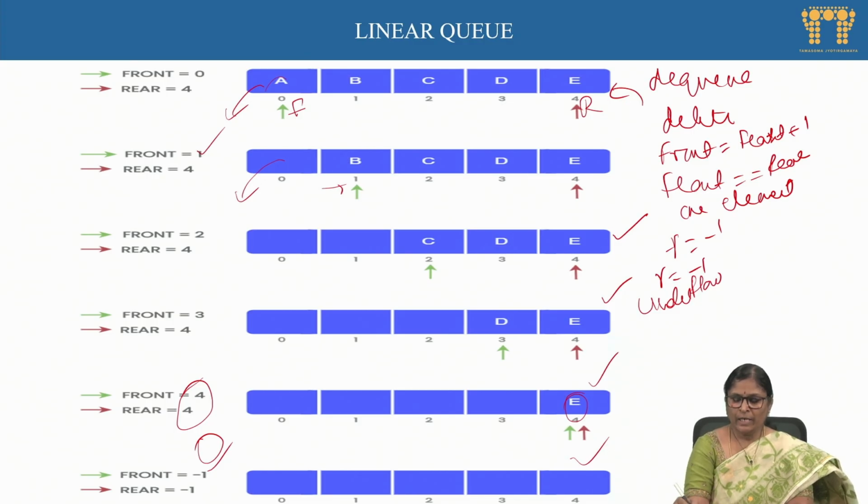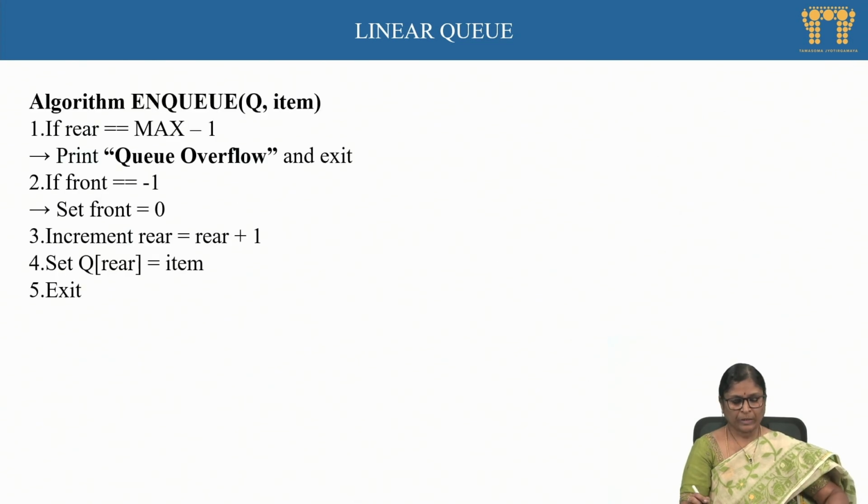So when is your queue in underflow? If front is equal to -1, your queue is empty and you cannot perform a deletion operation.